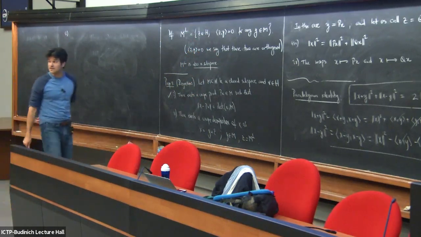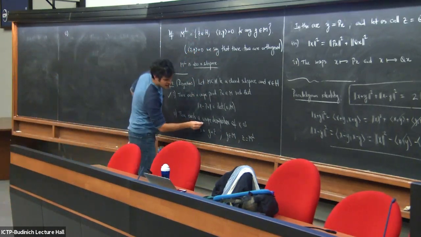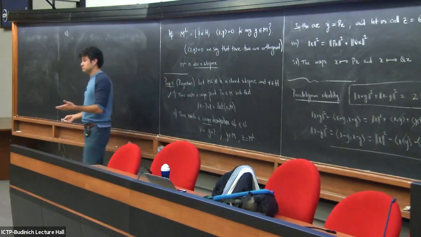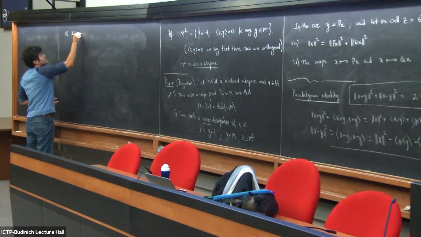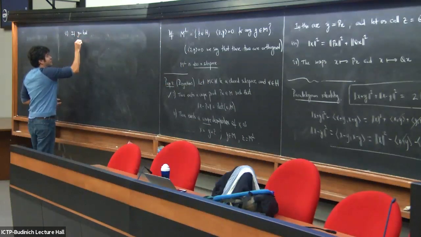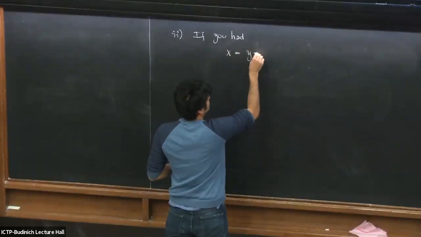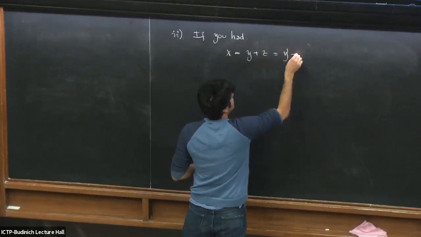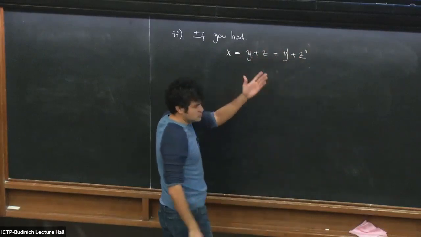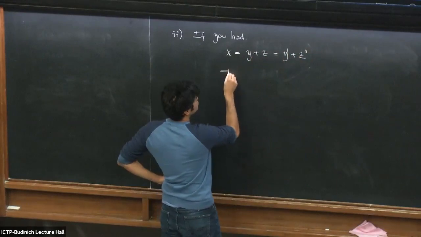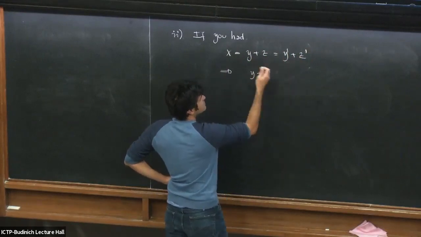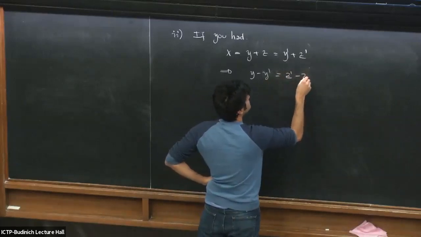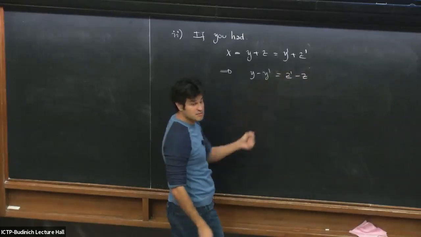Let's first prove that such a decomposition has to be unique. If you had two such decompositions, X equals Y plus Z equals Y prime plus Z prime, you just take Y minus Y prime. This would be equal to Z prime minus Z.